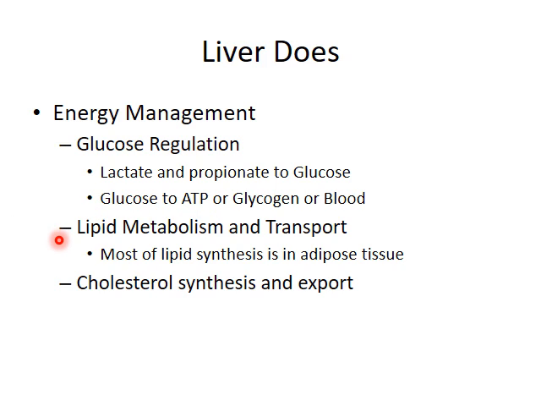Liver, metabolism, transport. The liver in a dairy cow does some of that. In you and I, we get a lot more lipid synthesis. In our birds and pigs, we'll do a lot more of that in the liver of those animals. In our dairy cattle, most of the lipid synthesis, the triglyceride synthesis, the fatty acid synthesis occurs in the adipose tissue.